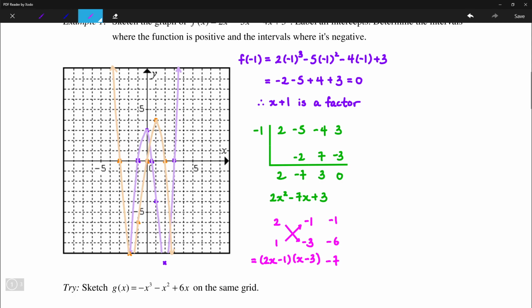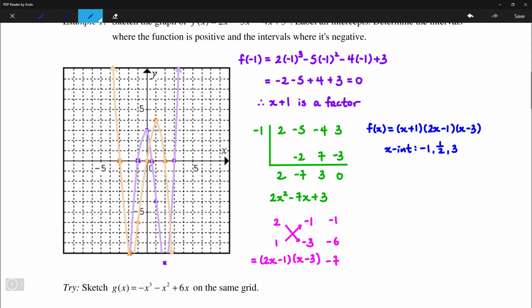So combining all three parts, what we have is the following. And that is f of x is equal to x plus 1, the first factor found by substitution. And then after division, we factored, and we got 2x minus 1 and x minus 3. So what that means is this f of x function has x-intercepts at -1 from the x plus 1, positive 1/2 from the 2x minus 1, and finally 3.